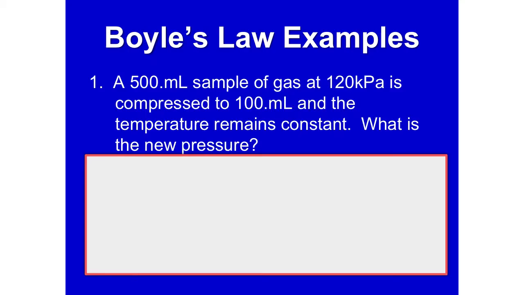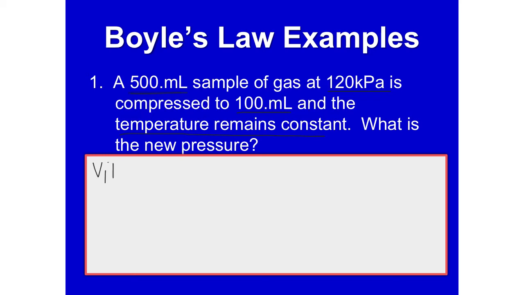All right, so we have our first example here. So we are starting with a 500 milliliter sample of a gas, and it's originally at 120 kilopascals. The volume is compressed to 100, so our volume is decreasing, and the temperature remains constant. What is the new pressure?